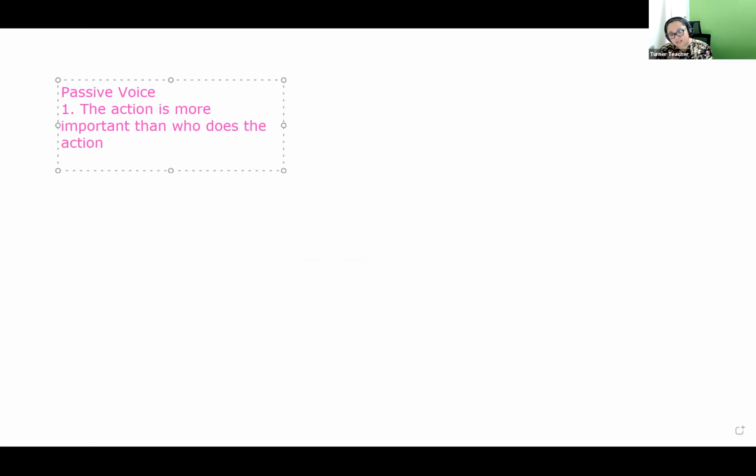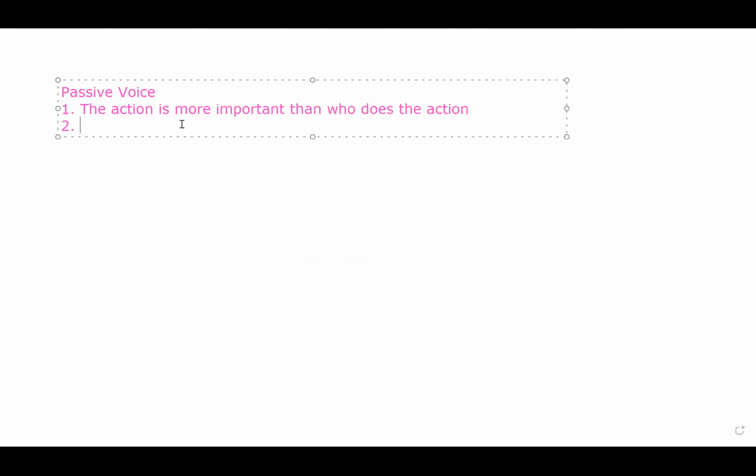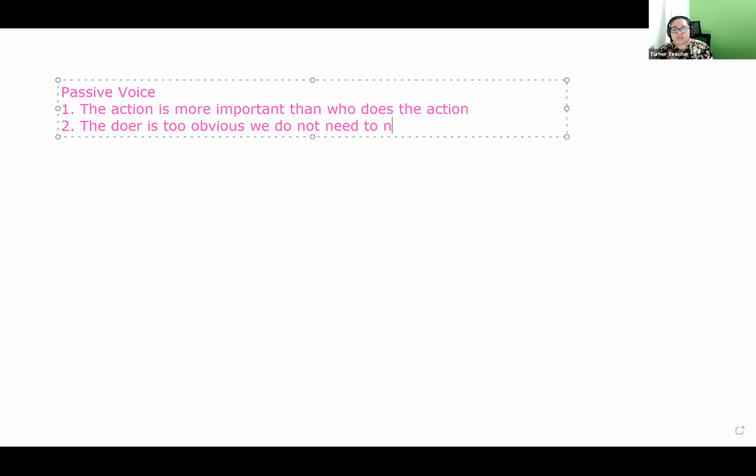Beautiful. Good. What else? Any other reasons why we use passive? This is just obvious. Yeah. The doer is too obvious. We do not need to name them.